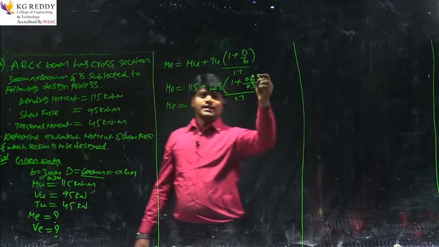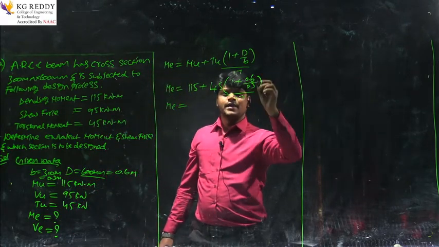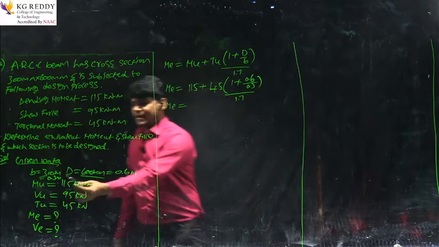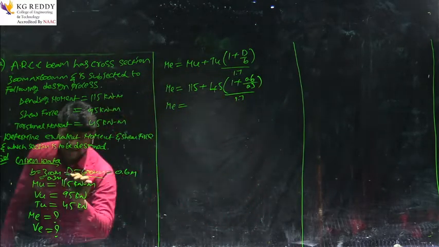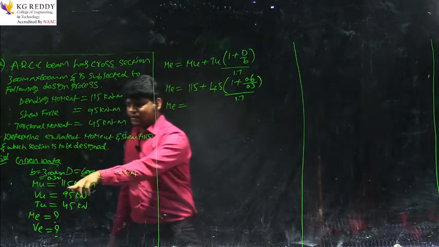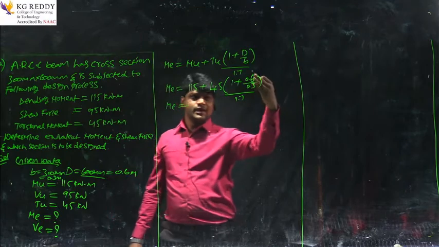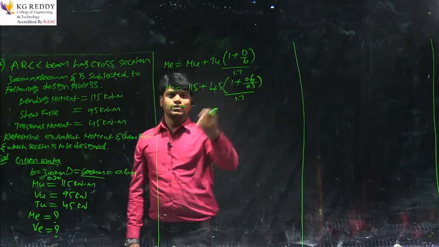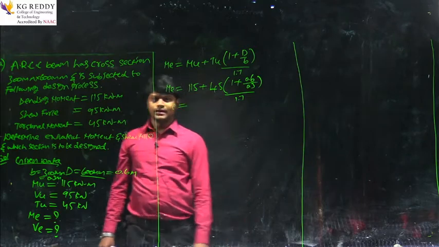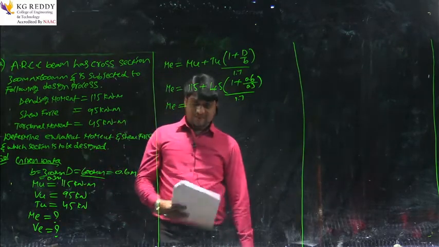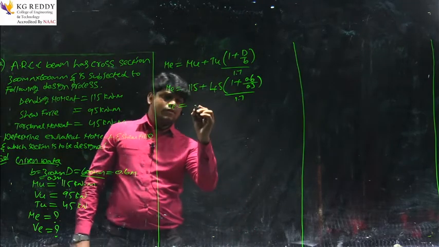Why am I converting into 0.6 and 0.3? Otherwise it will be in mm, since 300 mm and 600 mm are given, while here 115 is in kilonewton meter. So you have to convert this value also into meters, then you get the exact units. Now you can tell me what the equivalent moment value is.